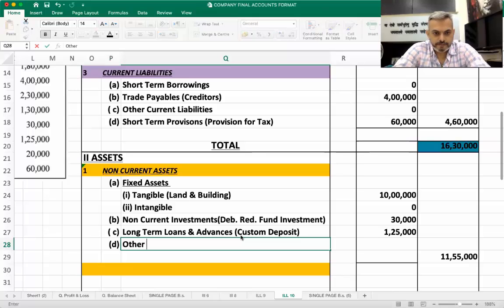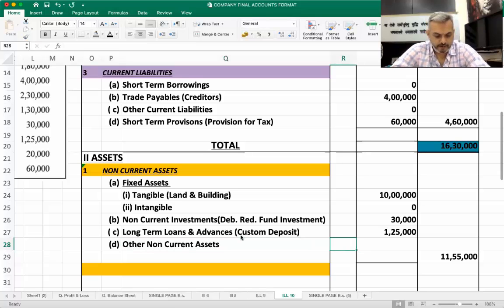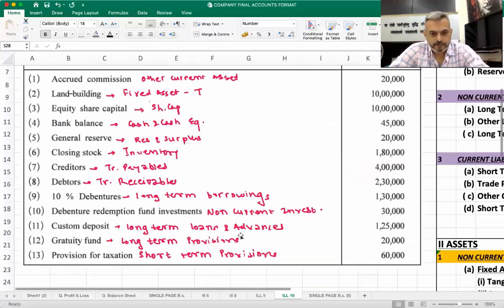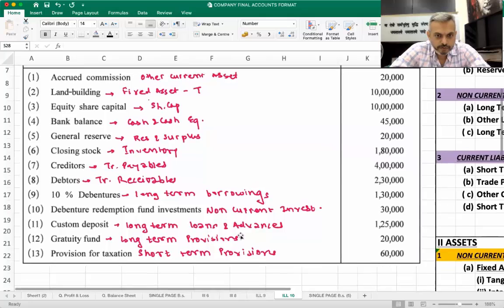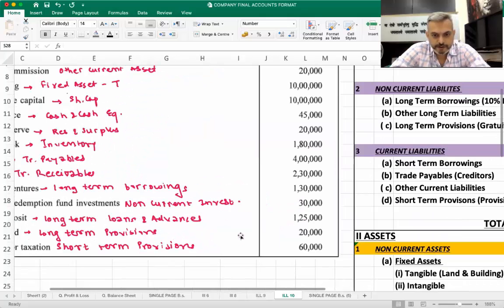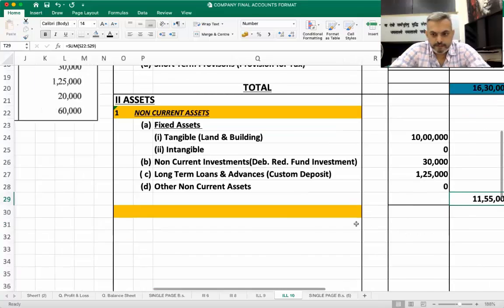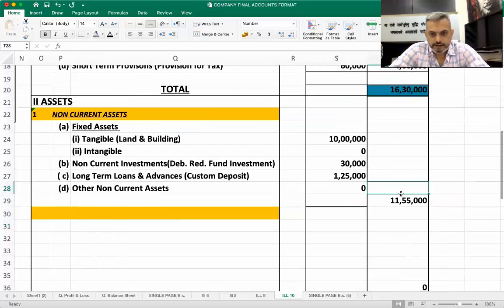Other non-current assets. Now, other non-current assets, have we written anywhere? No. Other current asset, but other non-current asset, 0. So, do the total, 11,55,000.